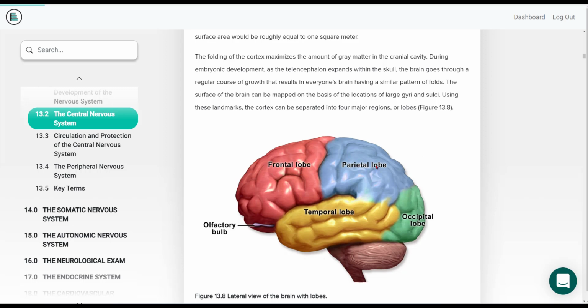There's the parietal lobe, protected by the parietal bones. The temporal bone protects the temporal lobe, and the occipital bone protects the occipital lobes. Remember, there's only one occipital bone, but there are 2 lobes, left and right, and there's only one frontal bone, but there are 2 frontal lobes, left and right.